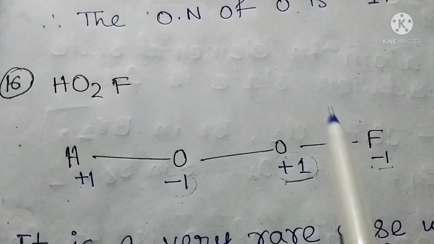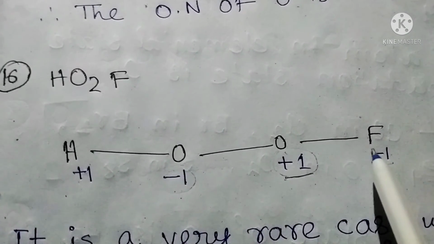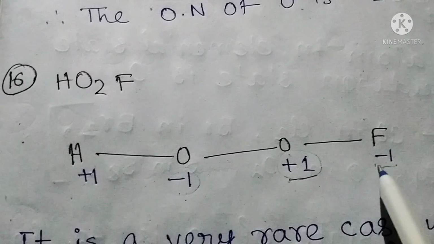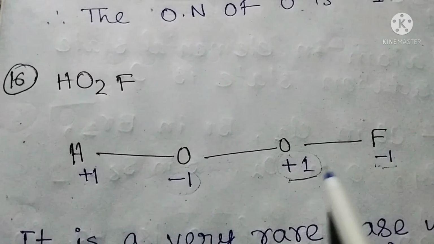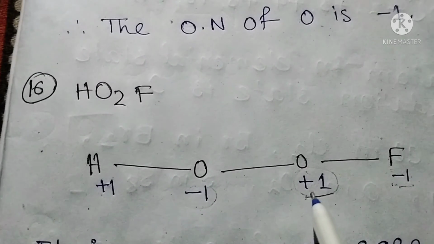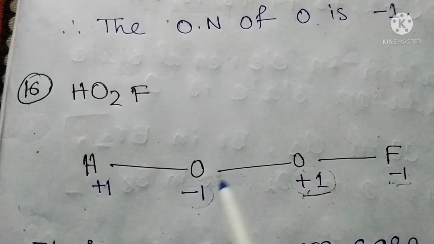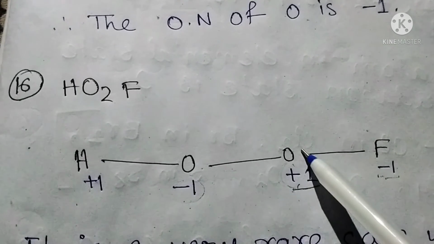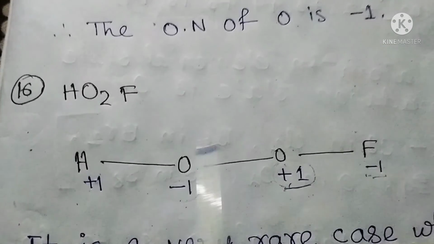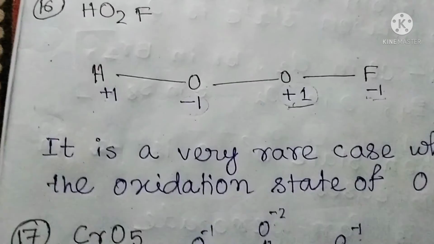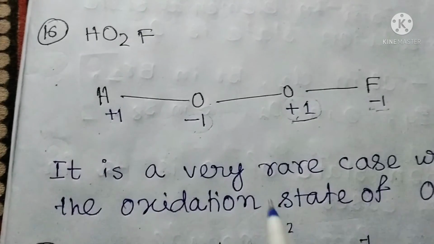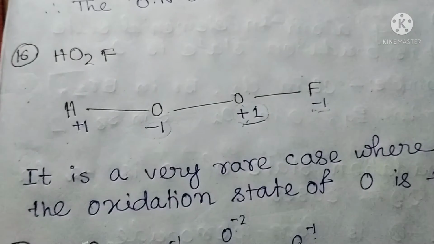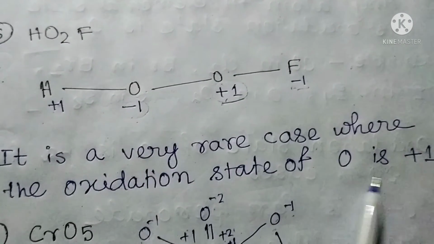Now between this oxygen and fluorine, fluorine is more electronegative than oxygen. So we get here -1 charge and here we get +1 charge. So the oxidation state of this oxygen is -1 and this oxygen is +1. This is a very rare case where the oxidation state of oxygen is +1.